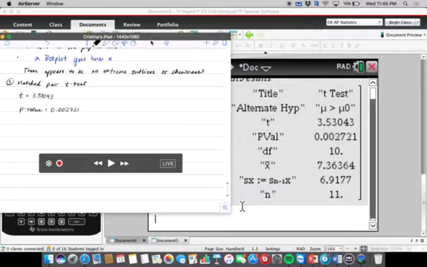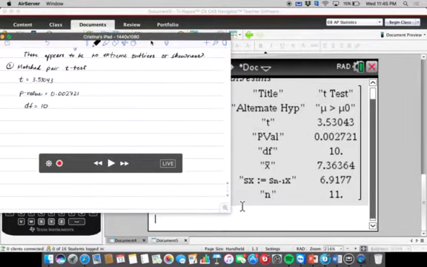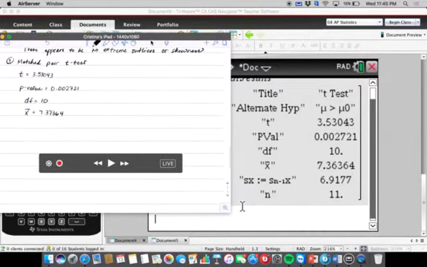And then your degrees of freedom is going to equal 10. Your sample mean of the difference is going to be 7.36364. And then the sample standard deviation of the difference is going to be equal to 6.9177. Okay, so those are going to be the values that you're going to be working with.